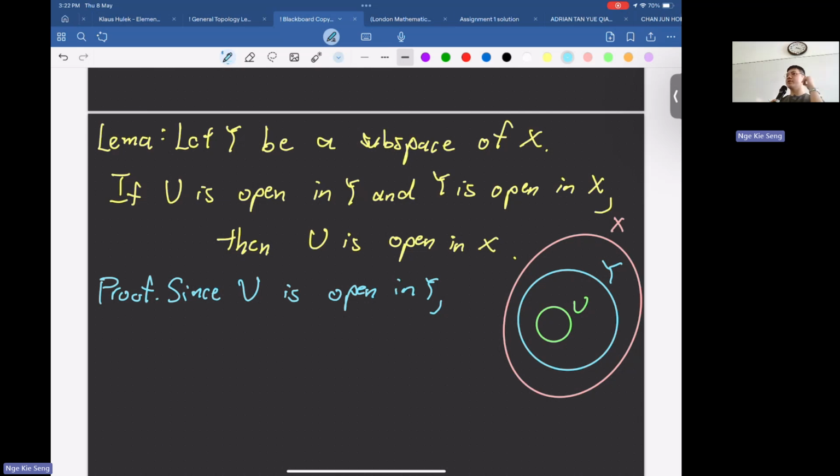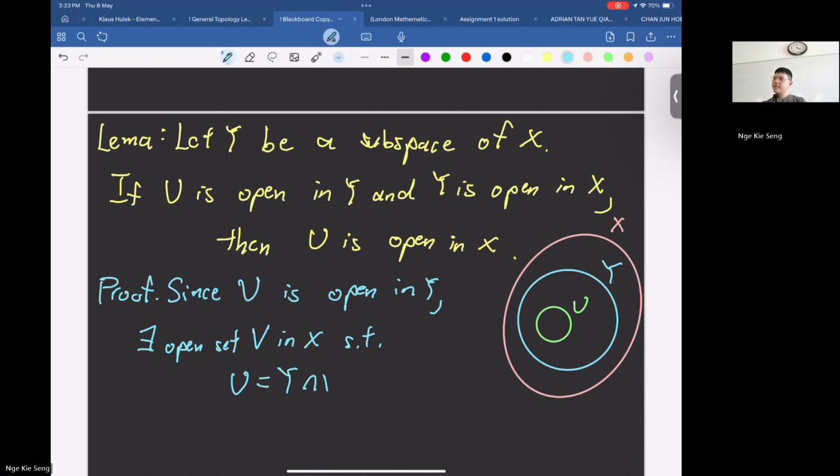As a subspace topology, this means there exists some open set V in X such that U equals Y intersect V. This is the first openness. You write U as the intersection of Y and V.